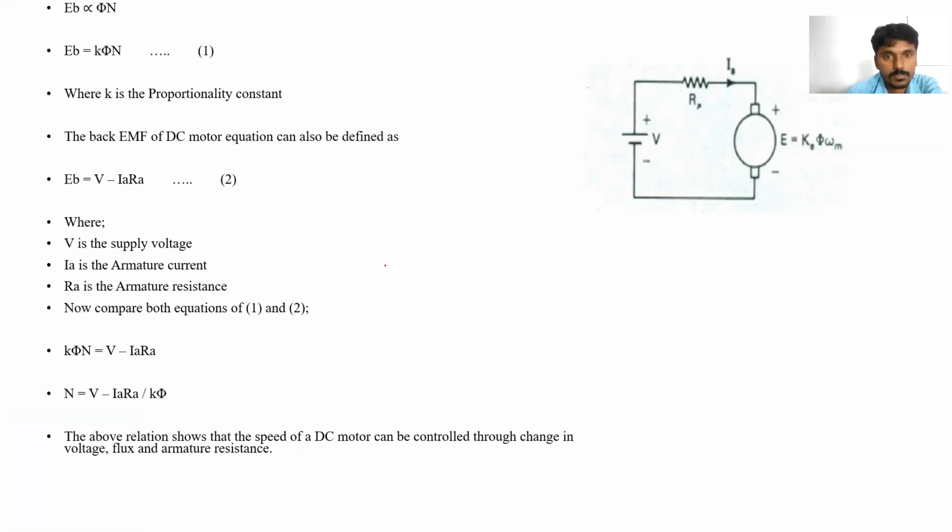EB is proportional to flux into N. EB proportional to flux into N. So that is equal to what we can write? EB is equal to K into phi into N. Can we write like this? If we remove the proportional, some constant we are going to add. EB is equal to K into phi into N.